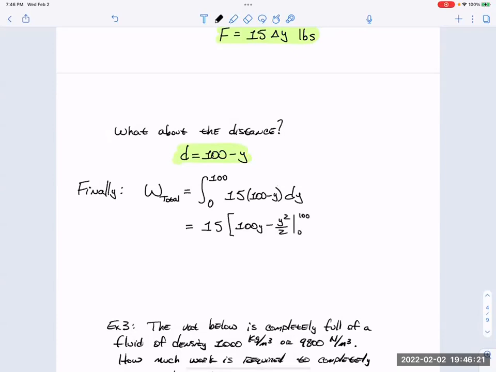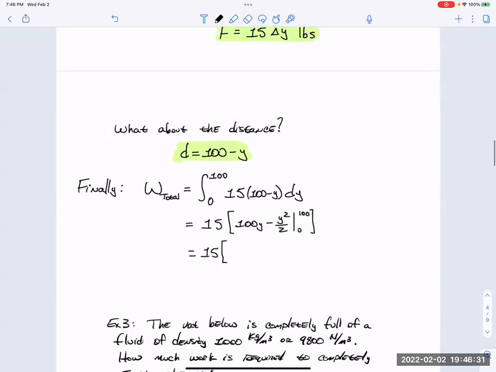So when we plug this in, we get 15 times, when you plug in 100 times 100, that's obviously 10,000, minus 100 squared, which is 100 times 100, that's 10,000 over 2, and then we subtract 0.